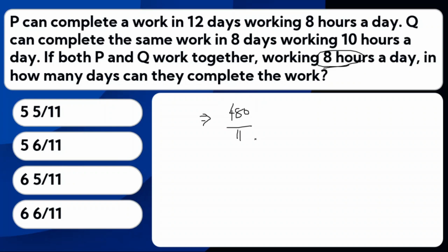This is the total time required by those two persons to complete the work, but they are working 8 hours per day, such that I have to divide by 8, so 8 gets cancelled 60 times. So 60 by 11 will be the number of days required to complete the work. So 11 gets cancelled 5 times and I am left with remainder 5 by 11. So the answer will be 5 by 11.